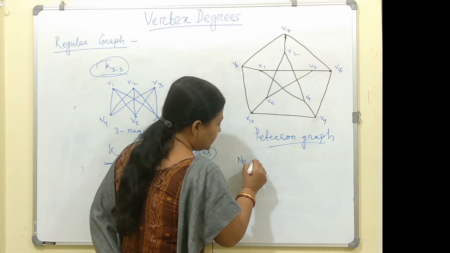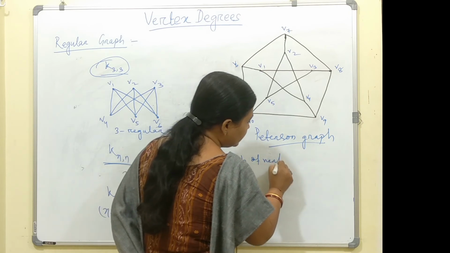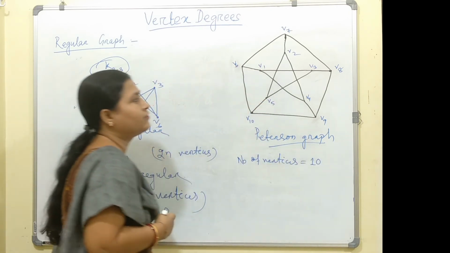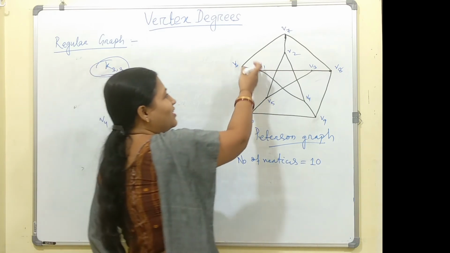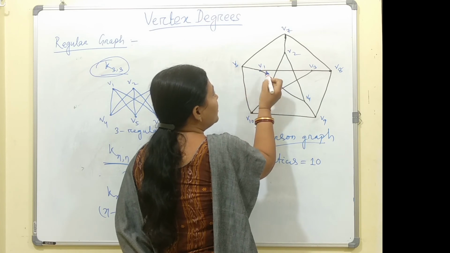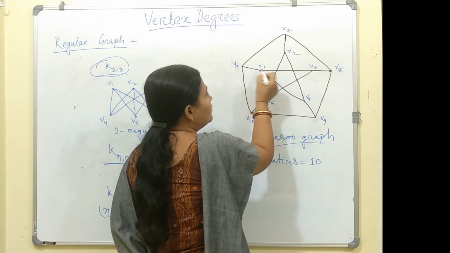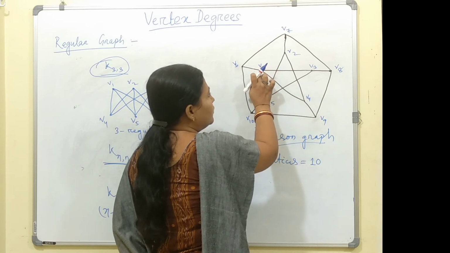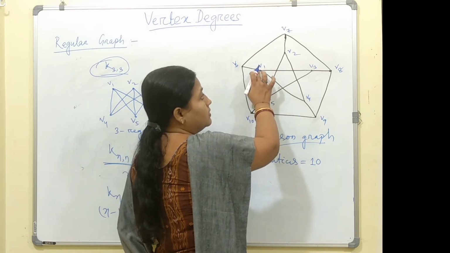The number of vertices is 10. Look at this vertex V1: it is incident with 3 edges, so the degree of V1 is 3.